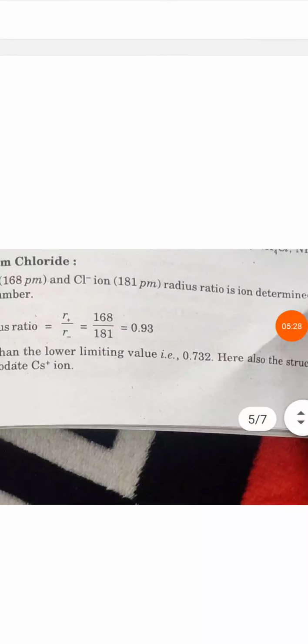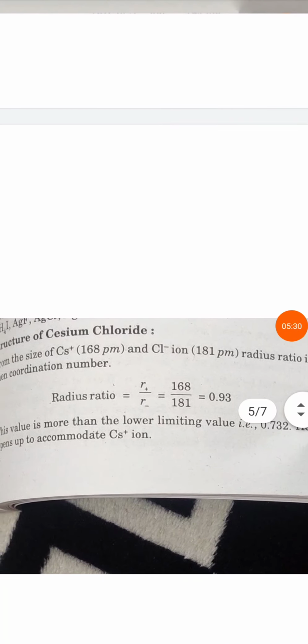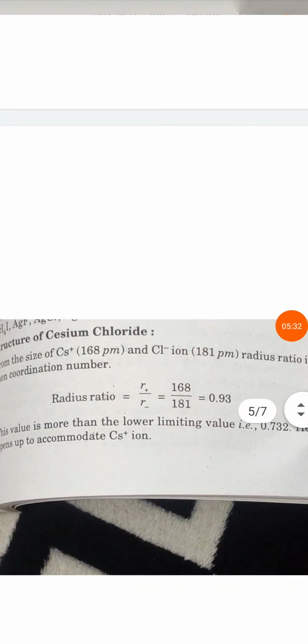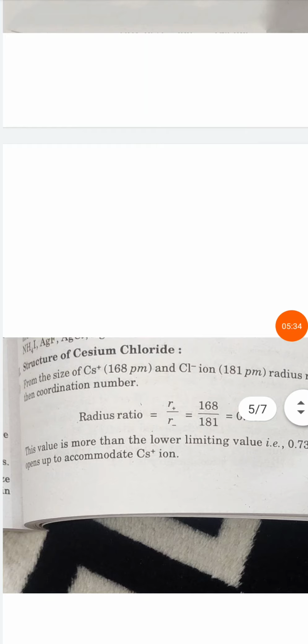Similarly, we can discuss the structure of cesium chloride. The size of cesium ions is 168 picometer, and the size of chloride ions is 181 picometer.